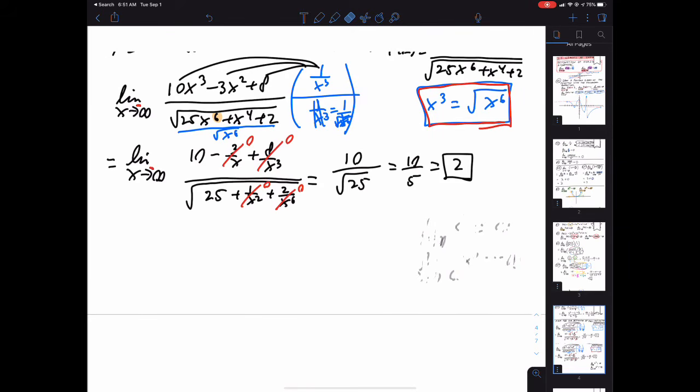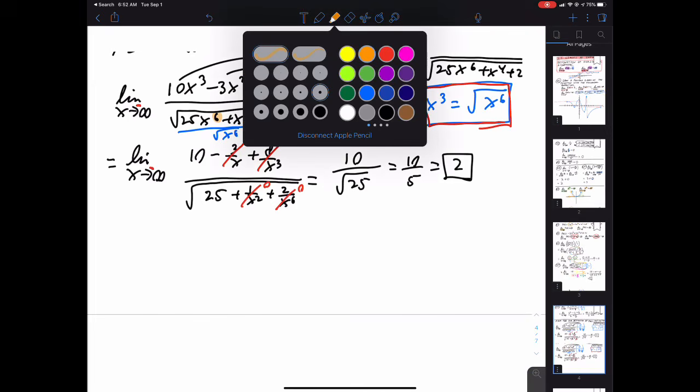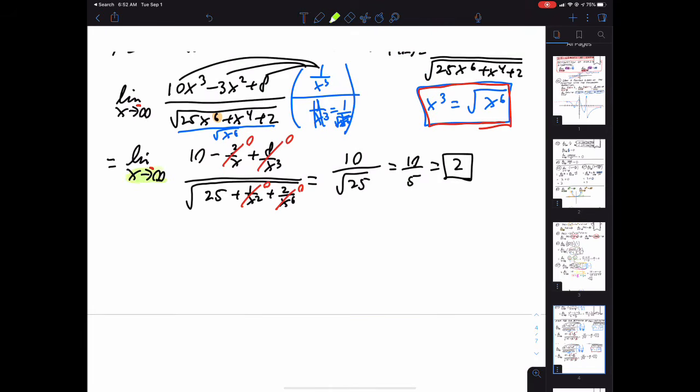Well, what's happening special here is I have x going to negative infinity. Let's take a look at this statement right here. What happens if I put negative infinity for x? So I will do that down here and show you what's going on.